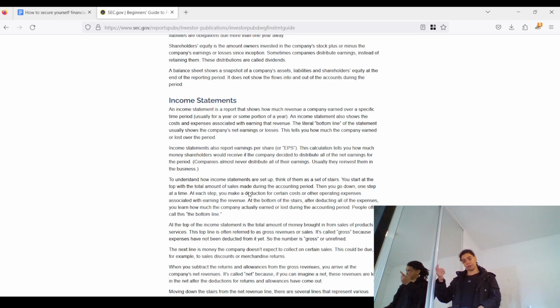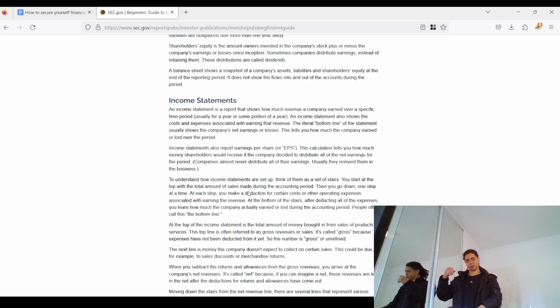So from the gross profit, you deduct things like amortization and depreciation, as well as the operating expenses. Meaning, what are the expenses that a company incurs in its day-to-day activities?